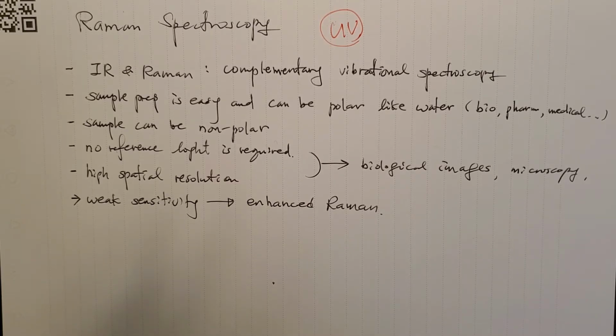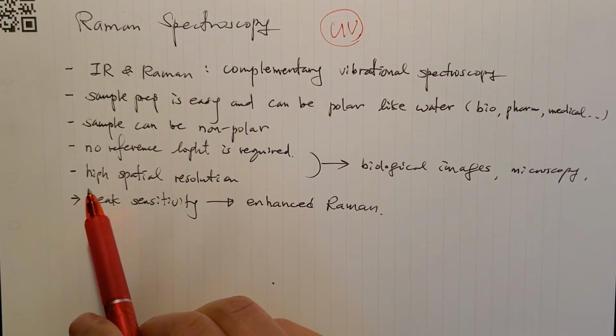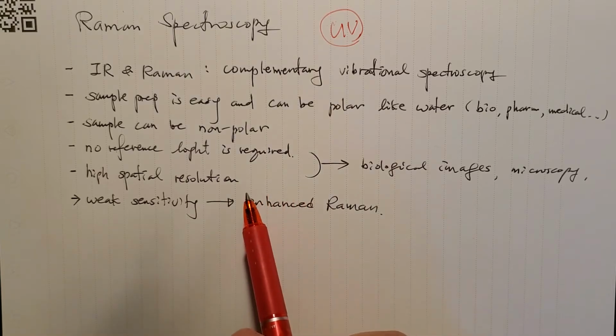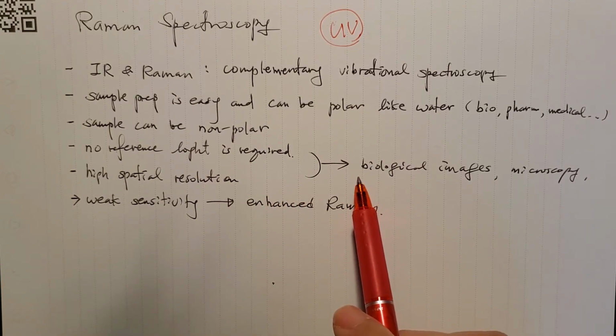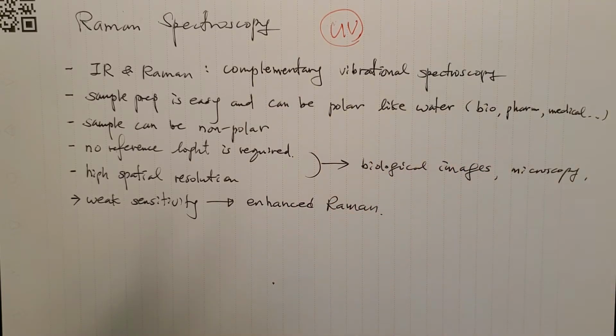In addition, Raman needs no reference light. Also, it has a very high spatial resolution because the Raman light source is UV or visible light. So it is very good for taking biological images and for microscopy.